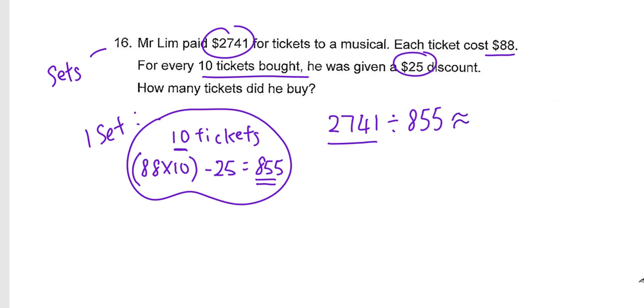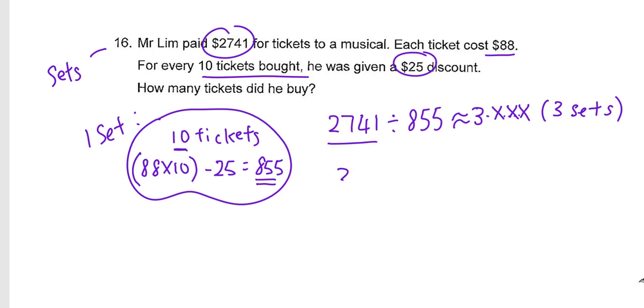Now when you press the calculator, you will realize that you end up with 3 point something something. What does this 3 point something something mean? It means that you can at most buy 3 sets. Can you buy 4? You can't buy 4 sets. At most, this person bought 3 sets. The person didn't have enough to buy up to 4 sets.